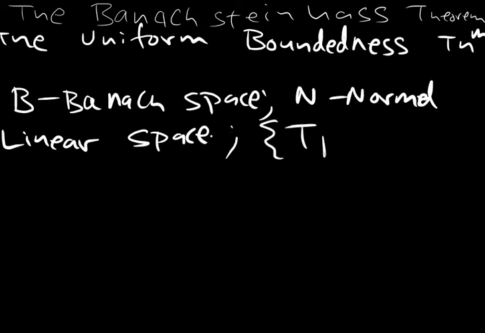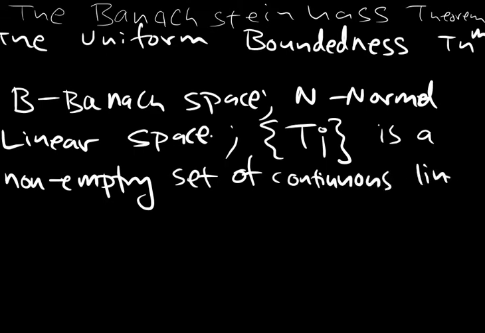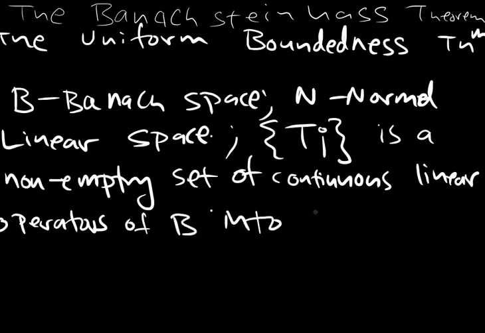Suppose you have a family Ti of maps, a non-empty set of continuous linear operators of B into N. So you have a Banach space and N as a normed linear space.